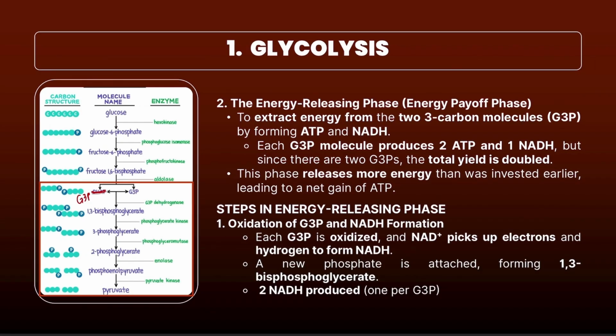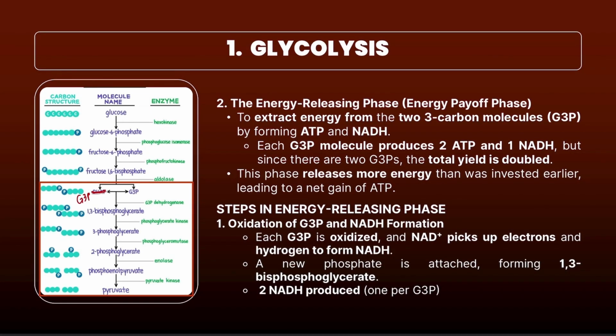So here in this step, the oxidation of G3P and formation of NADH, each of these G3P molecules will be oxidized by the enzyme glyceraldehyde 3-phosphate dehydrogenase, or GAPDH. Again, each of these G3P will be oxidized by this enzyme, the GAPDH.